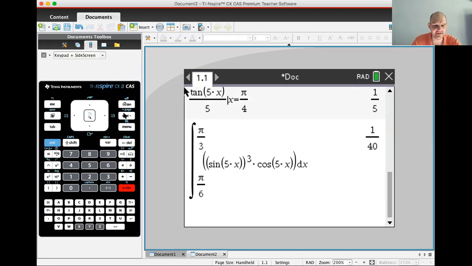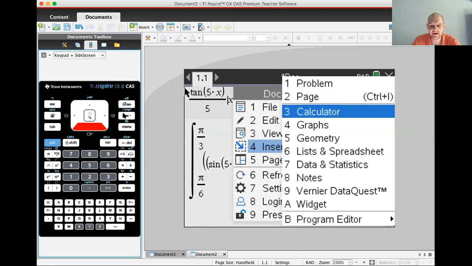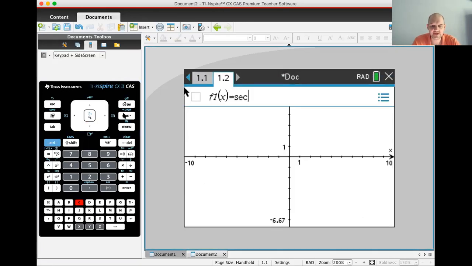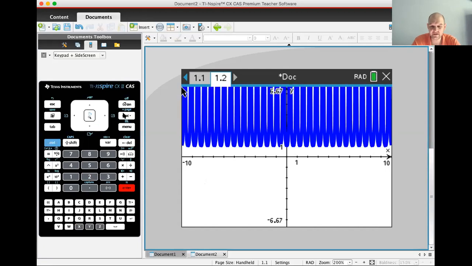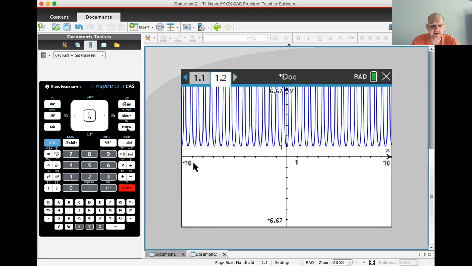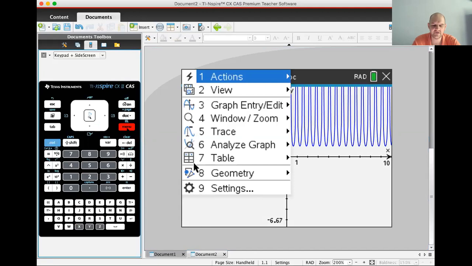So the reason is, if I graph secant of 5x squared, that's the integrand. The fundamental theorem, we have said, needs the function to be continuous on the interval from a to b.